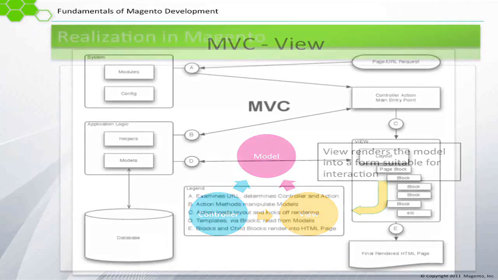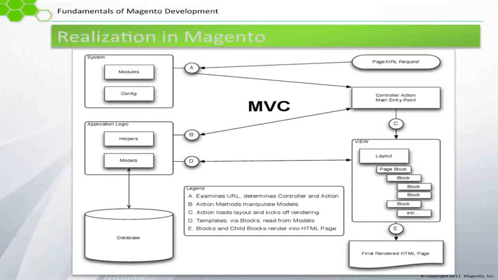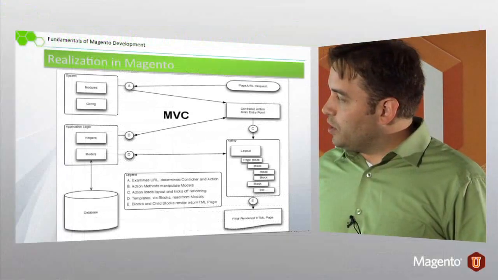And here is a nice flow chart of how that works. So again, browser hits the server. The system evaluates its configuration either from cache, or if you have caching disabled, we'll evaluate it every time. And then we get into our controller layer. Our controller will kick off the layout.